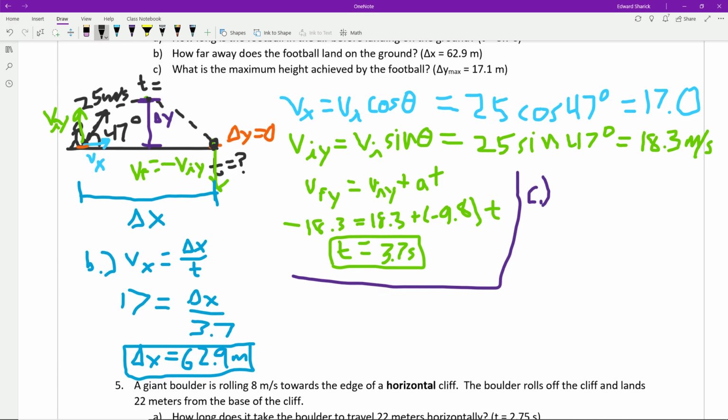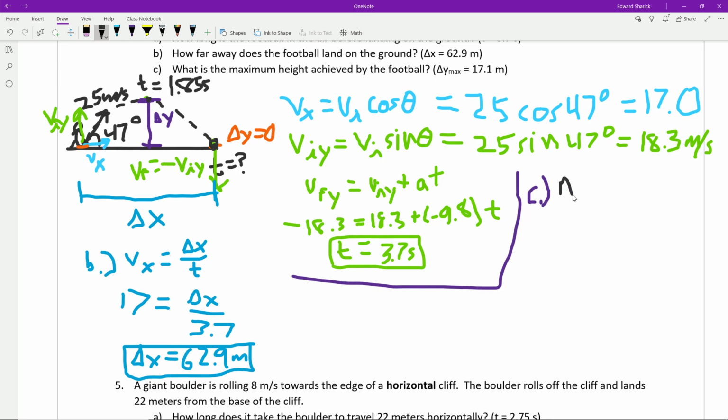And so, you just take 3.7 and divide it by 2, and you end up getting 1.85. That is your time. So the time at the top is 1.85 seconds. And that's what you're going to use for your time in part C. And you can use the same v initial y of 18.3. We can use this time and we can use acceleration, and you can figure out delta y.